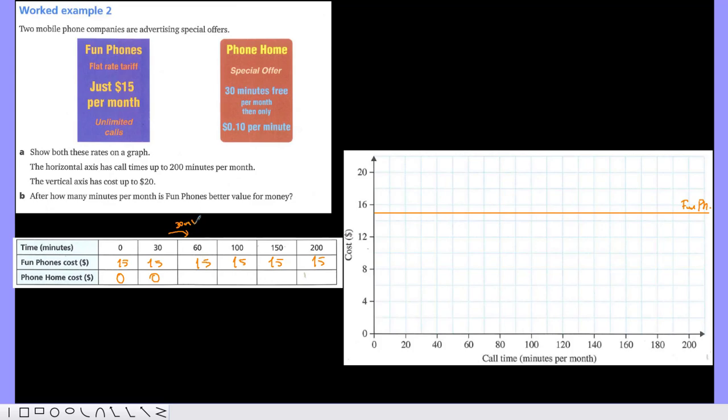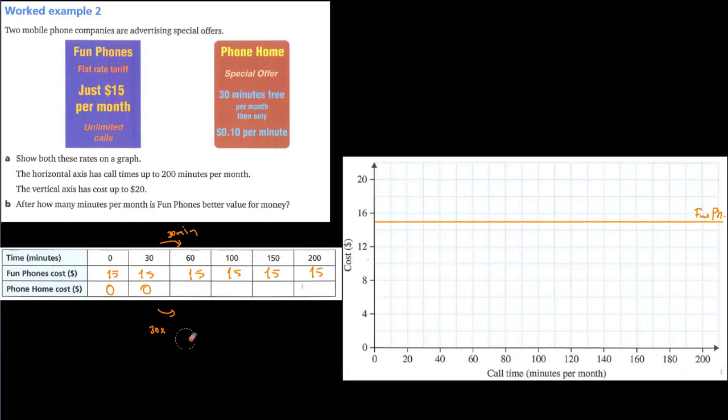So with respect to 30 minutes, the price is going to be 30 times 0.1, which is equal to 3. So here it's going to be 3.